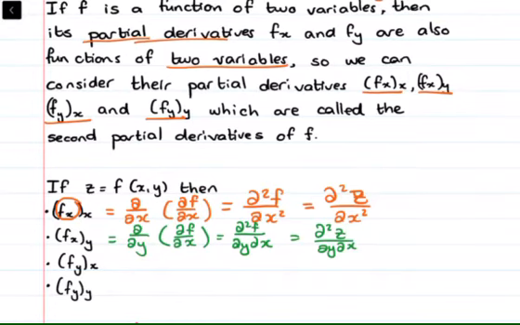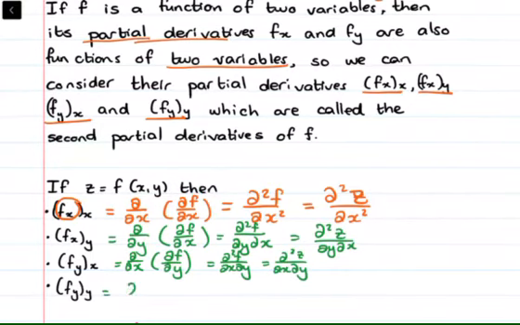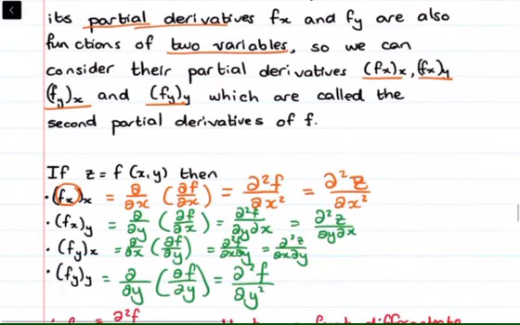And then for this one, you have the partial derivative with respect to x, which you are taking with respect to y, so it is partial squared f over partial x partial y, or partial squared z over partial x partial y. And then this one is the partial derivative of y, which has already been taken with x, so it is partial squared z over partial y squared.